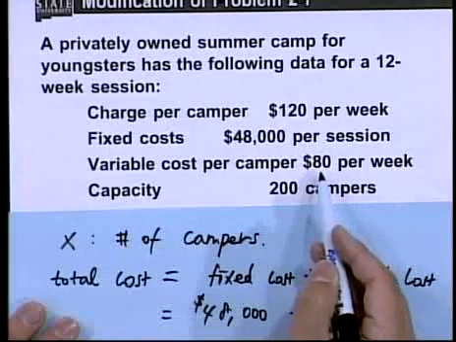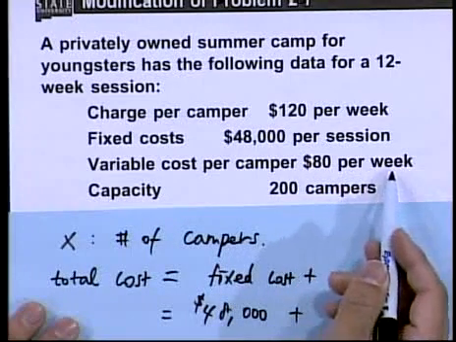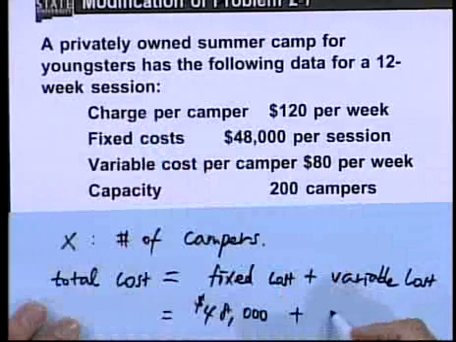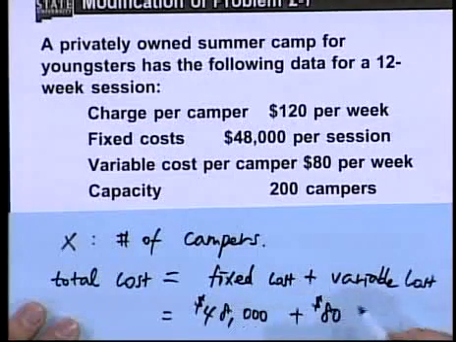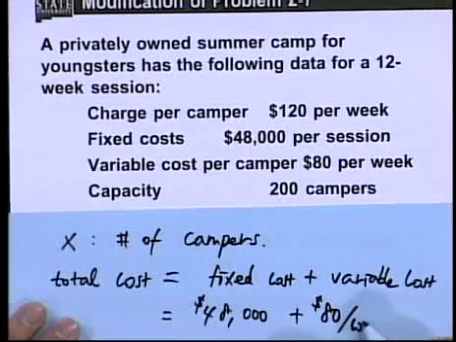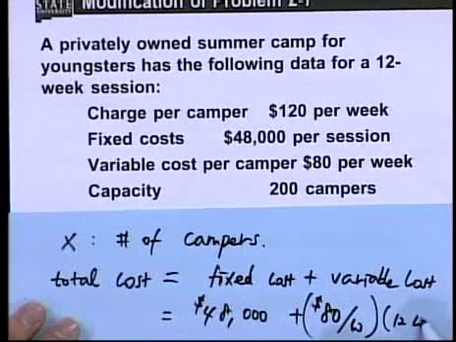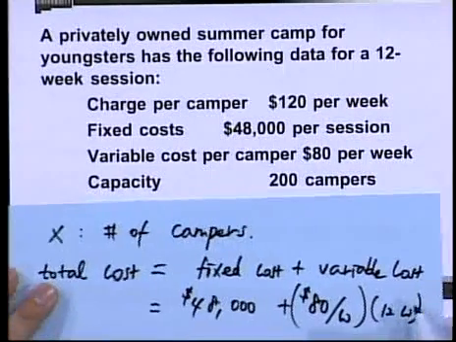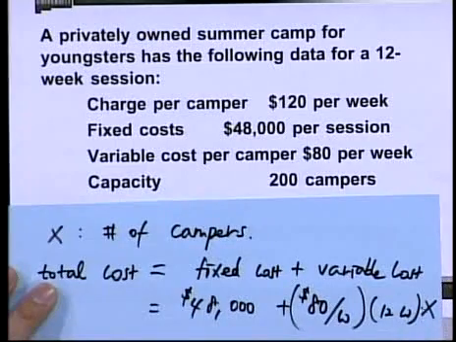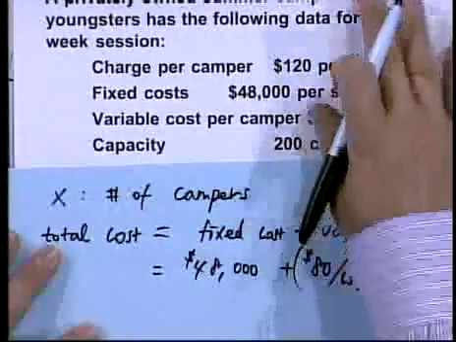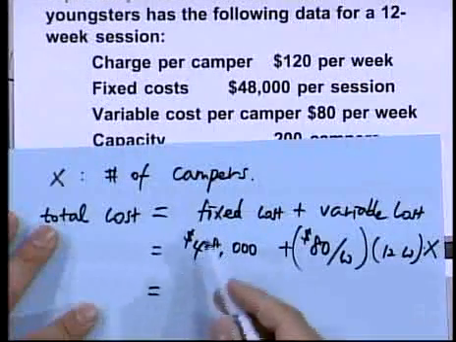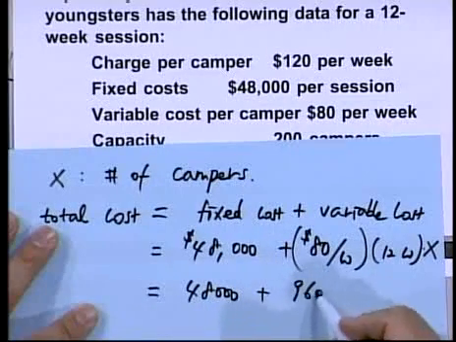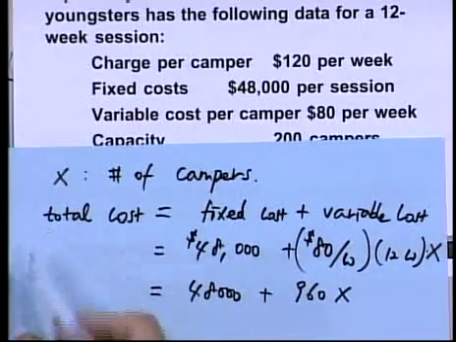Variable cost is $80 per week. And how many weeks do we need to consider? There are 12-week sessions, right? So what you need is $80 per week times 12 weeks, times the number of campers. Is that correct? So what you have is 48,000 plus 960x. Okay? That is your total cost.